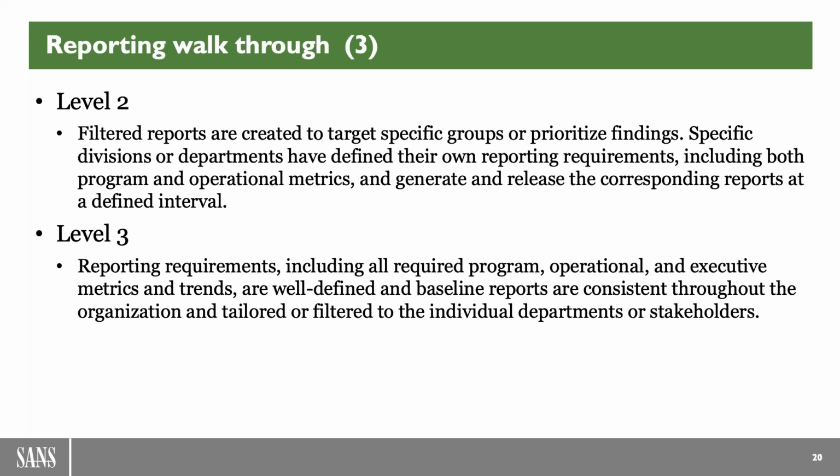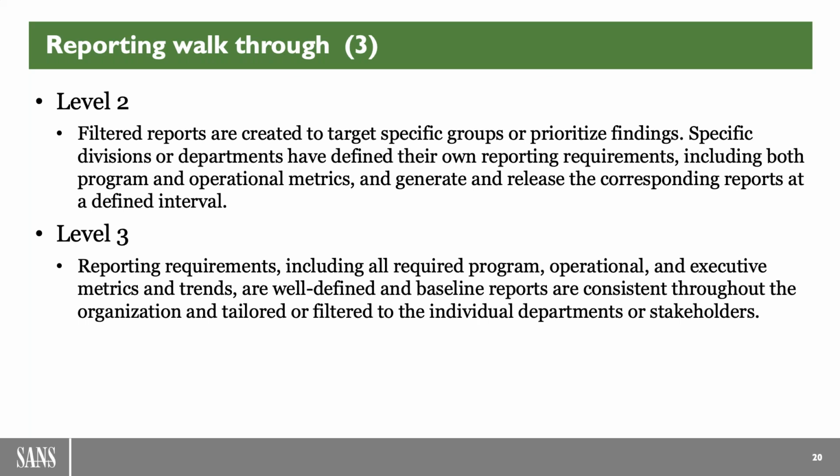But say when I was doing some of the operations work, we had the database administrators, we had our email administrators, we had the underlying operating system people. I'm able to target it down, so if I have database problems, I can send that report alone to the database people. Relevancy: instead of making them wade through that 700-page report, now here's the report that's relevant for you. So how can I start to group this together as best we can with the reporting? That's what we mean by level 2.